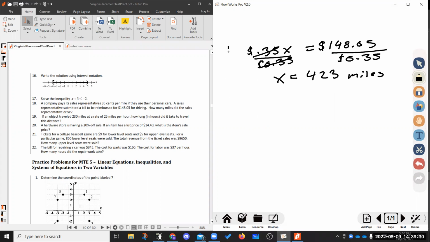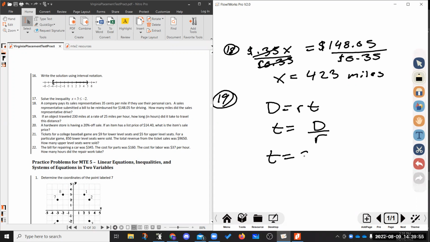Number 19 asks us if an object traveled 230 miles at a rate of 25 miles per hour, how long did it take to travel this distance? We already know the formula from earlier. So we want time is equal to distance divided by rate. So our time is going to be the distance of 230 miles divided by speed of 25 miles per hour.